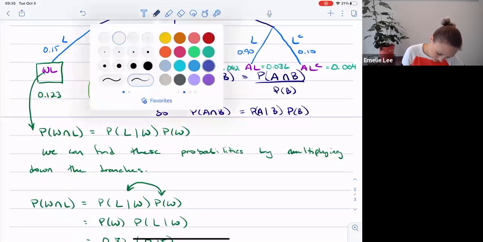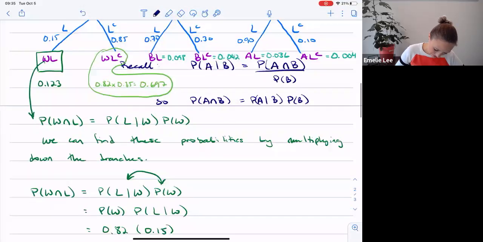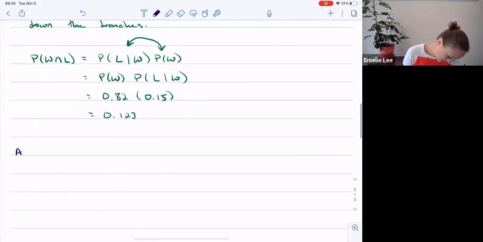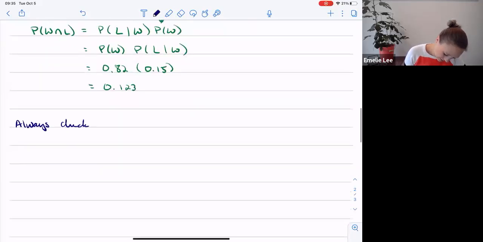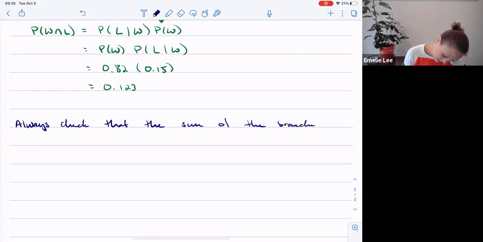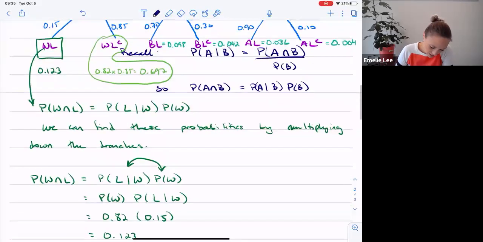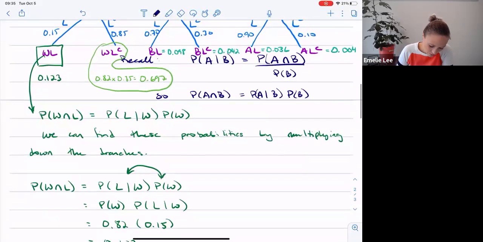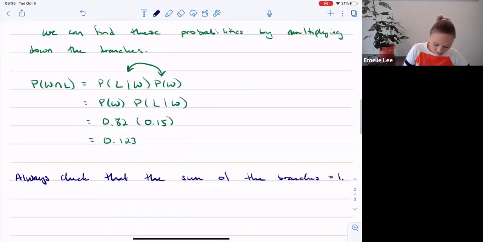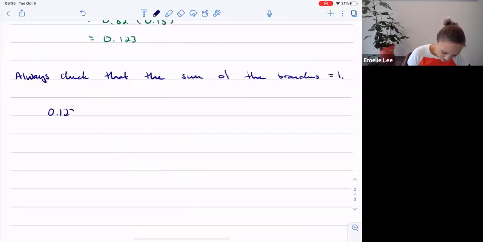Oh, I'm in a different palette here. Okay. Always check that the sum of the branches equals 1. Okay, so what I'm going to do is just write these out, because I want you to see what I'm doing.